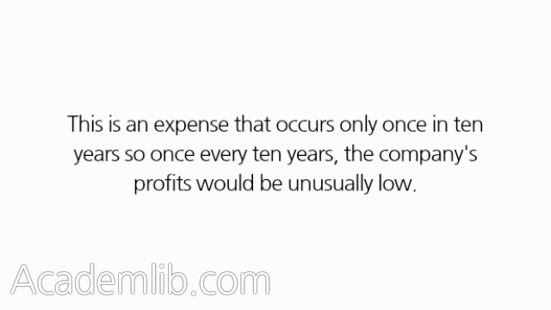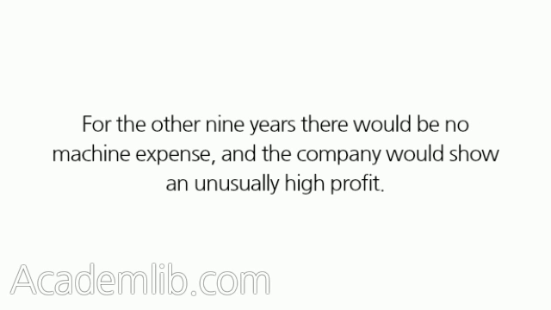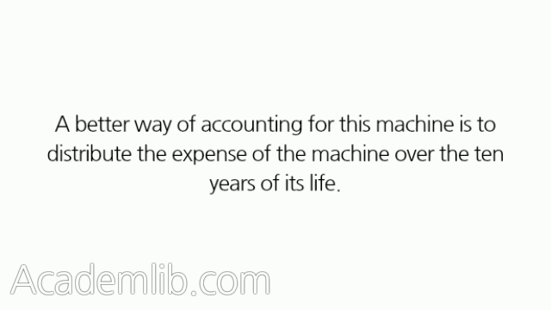This is an expense that occurs only once in 10 years, so once every 10 years, the company's profits would be unusually low. For the other 9 years there would be no machine expense, and the company would show an unusually high profit. A better way of accounting for this machine is to distribute the expense of the machine over the 10 years of its life.